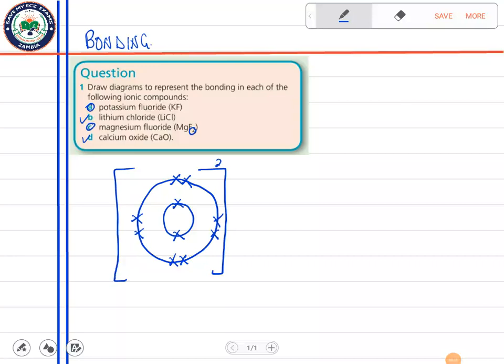So we're going to put 2 plus here. Reason is simple. So magnesium has lost 2 electrons, like that. Now we need 2 fluorine atoms. That means we are going to have the first one here, and we're going to have the second one. So let me first finish drawing this one. Then we're going to have the second one here.